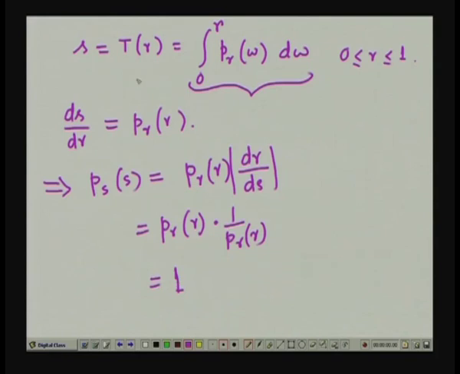So, you find that if we take this particular transformation function, which is nothing but the cumulative distribution function of the variable R, then using this transformation function, the transformation that we get generates an image which has a uniform probability density function of the intensity values s.